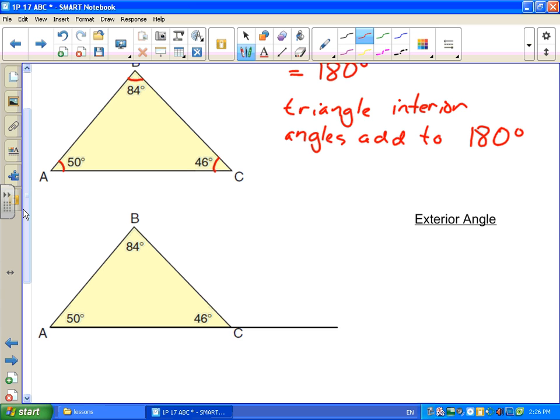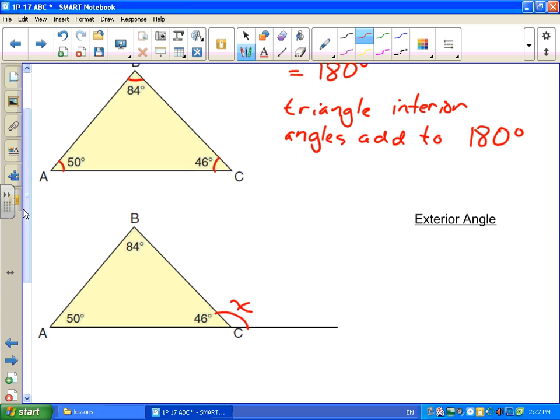Another property of triangles we can find if we take a look at what's called an exterior angle. If I take one of the sides of the triangle and I extend it, I form an angle on the outside. That angle there is called an exterior angle. Now, how can I figure out how big this exterior angle is?